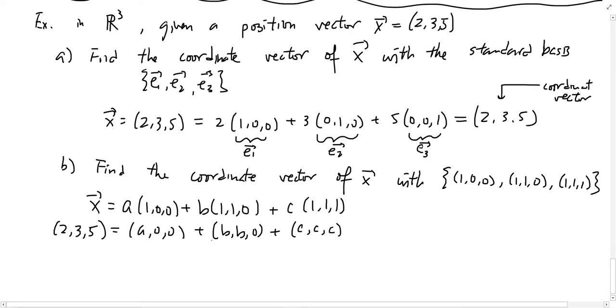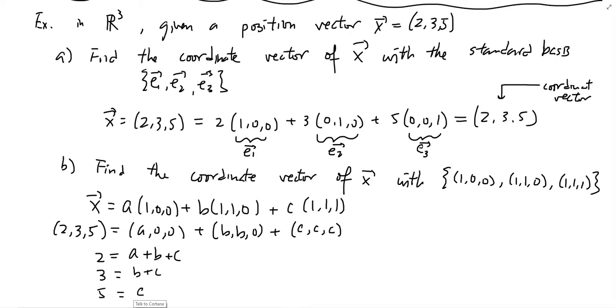If I combine the right side together, I have this system of equations: 2 equals a plus b plus c, 3 equals 0 plus b plus c, and 5 equals 0 plus 0 plus c. So it automatically tells me that c is 5. That's nice.